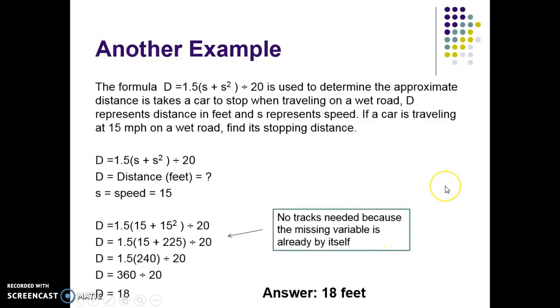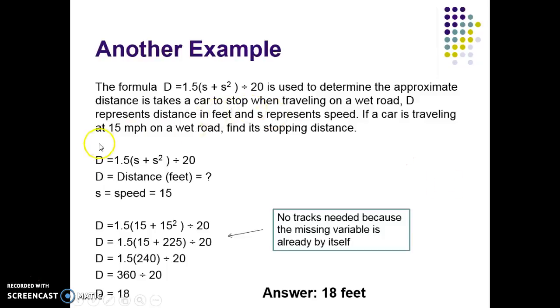Here's another example. The formula D equals 1.5 times S plus S squared divided by 20 is used to determine the approximate distance it takes a car to stop when traveling on a wet road. D represents the distance in feet and S represents speed. If a car is traveling at 15 miles per hour on a wet road, find its stopping distance.